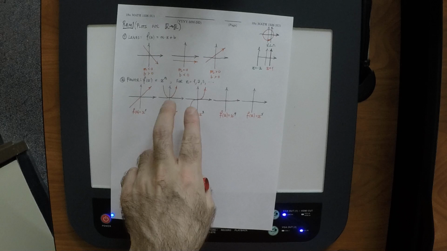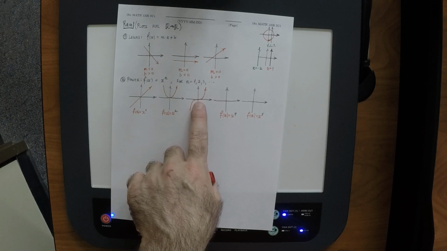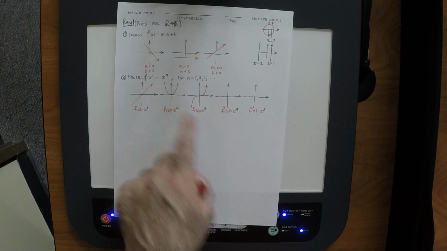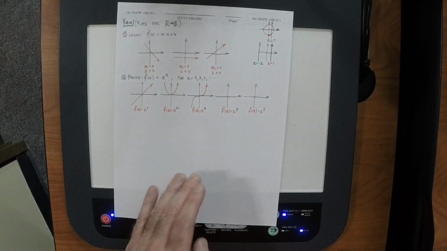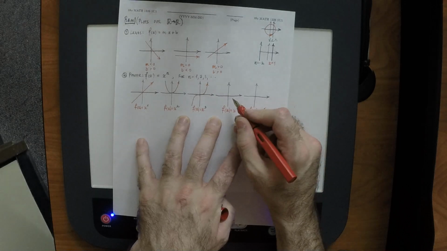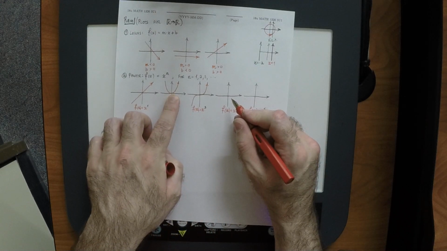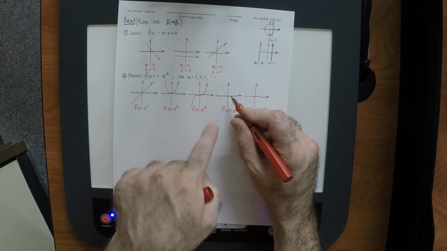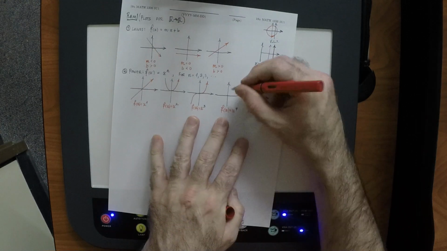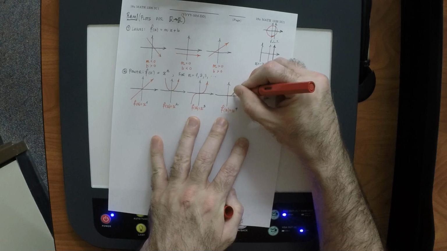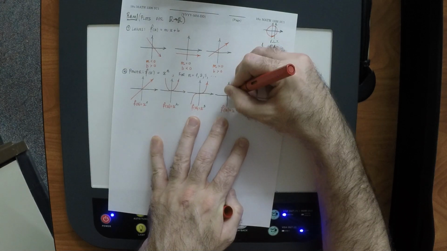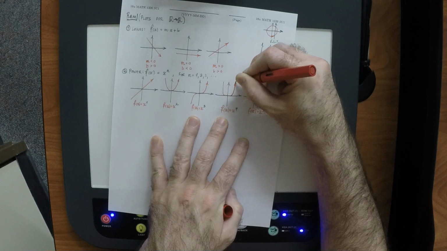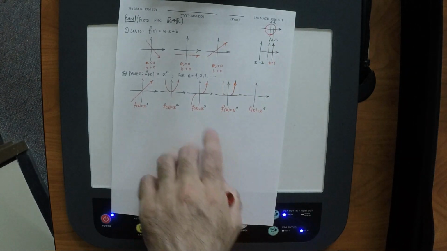One thing I want you to take away from this is that the cubic is flatter near the origin than the parabola. Okay, so the quartic will be like the parabola in the sense that both sides will be up, but it will be like the cubic in the sense that it'll be quite flat near the origin. So it'll look like this, and quite steep away from the origin. It's going up really fast.